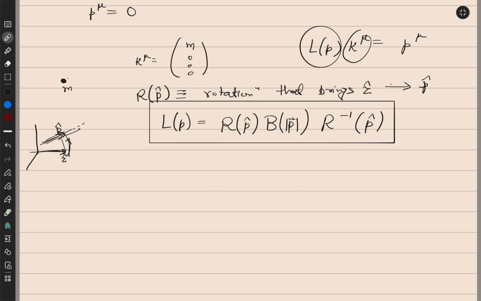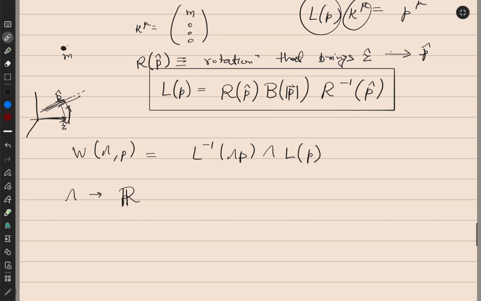Now we can talk about the little group, because remember the definition of little group was this: L inverse of P, lambda, L of P. In particular, we are going to talk about pure rotations, such that lambda is some rotation, and to distinguish it from this R, I'll call it this sort of R, like we write real R. So this is any arbitrary rotation which we are doing.